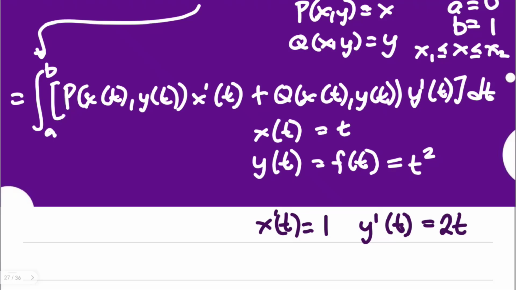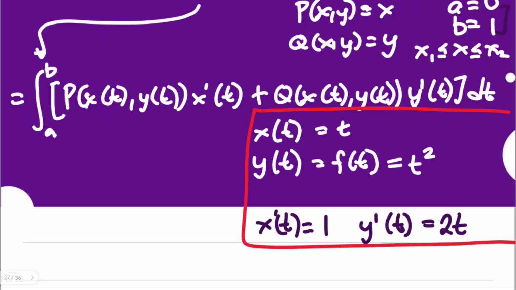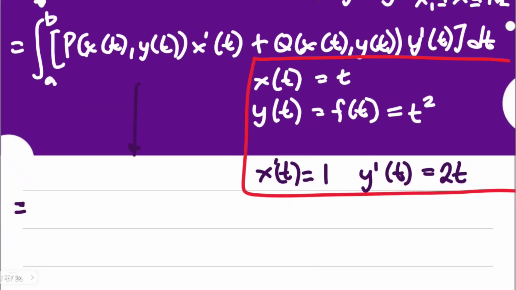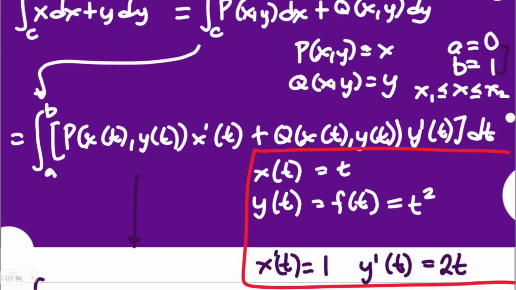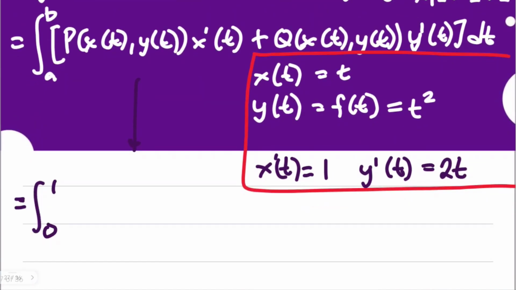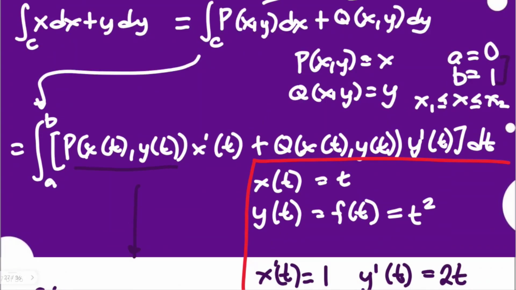We have our a and b. We have these components for our parameterization, and we have the first derivatives as well. So we can now plug them in. This is now the integral from 0 to 1 of your P. Take note that even if we have here x and y, our P originally is just x.